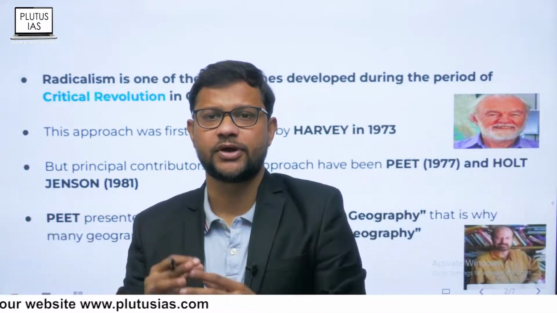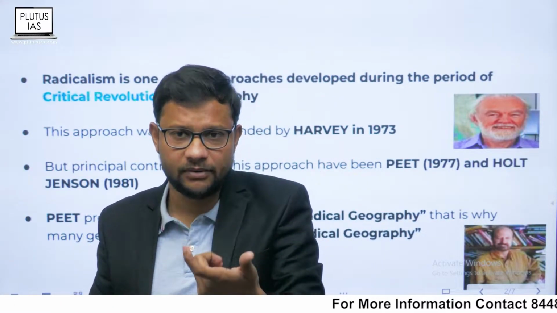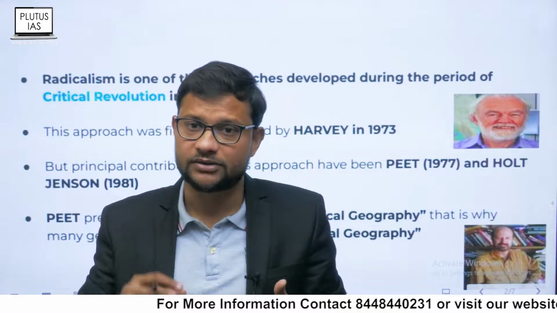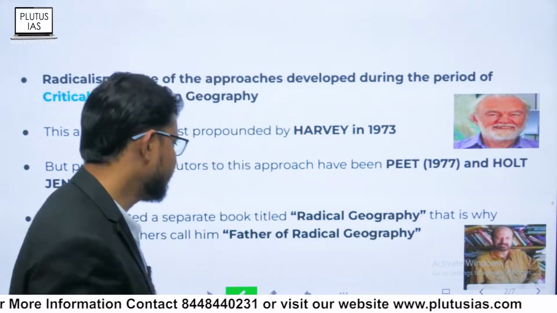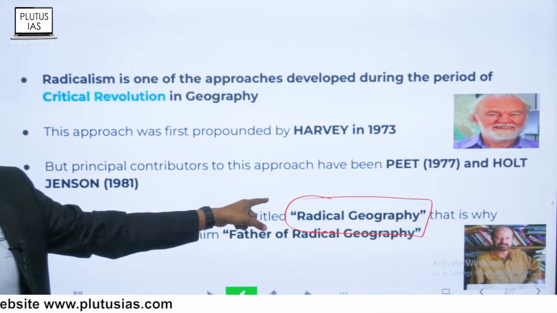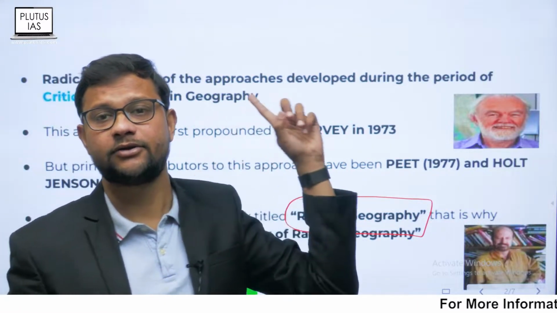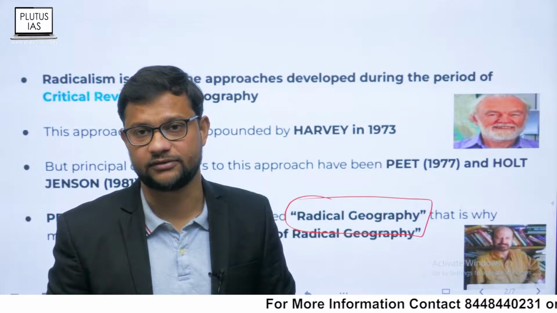Actually, Pitt is to be considered the father of radical geography as well, because he has given the name to this approach. You will find the book titled Radical Geography. It is itself a landmark which has given an identity to this approach of geographical studies.